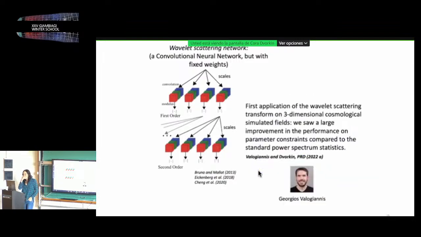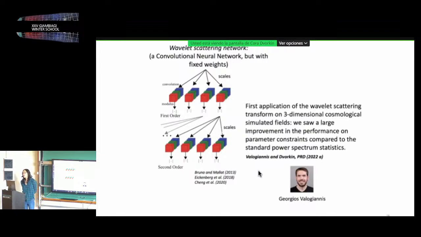Okay, so what we did with my postdoc, Georgios Valogiannis, was to apply this wavelet scattering transform to three-dimensional simulated matter fields first. We just wanted to know how the wavelet scattering transform performs in simulations first, okay?